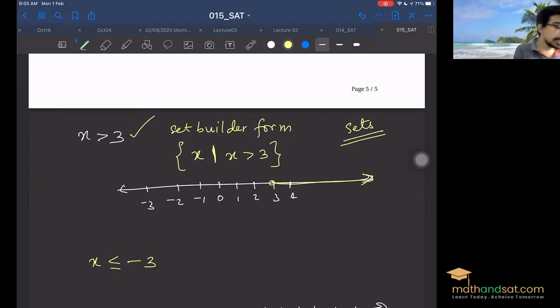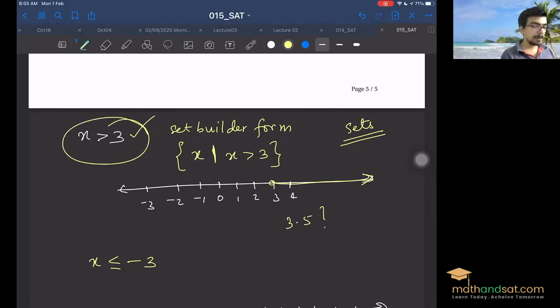For example, is 3.5 a solution to this inequality? X is equal to 3.5. Is this a solution? Yes, indeed.